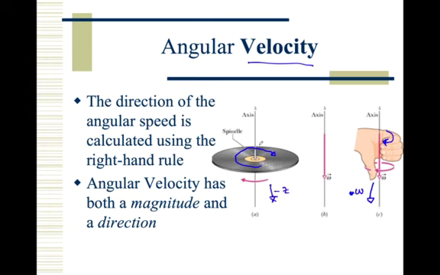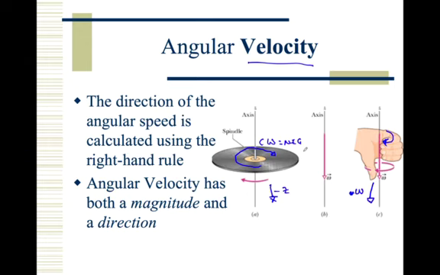And that's why clockwise rotation is defined as negative. So this kind of rotation is in the negative direction. And this is how you find the direction of omega.